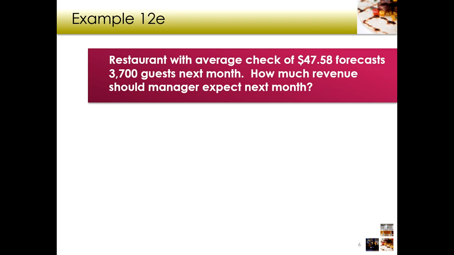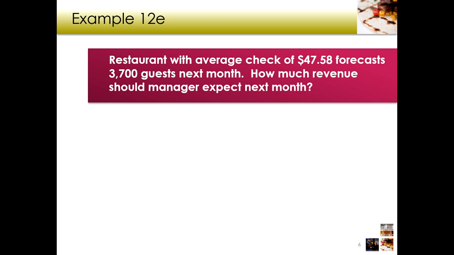How much revenue should we expect that next month? Well, we take our 3,700 guests, multiply times 47.58, and we're going to get a total revenue of $176,046. So now we have our forecasted revenue for that month.